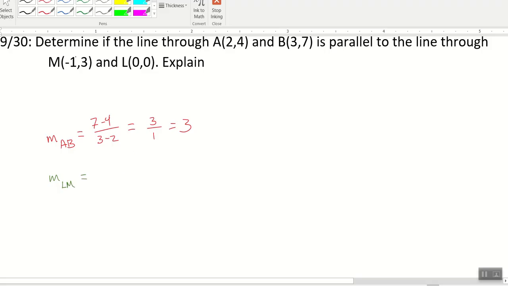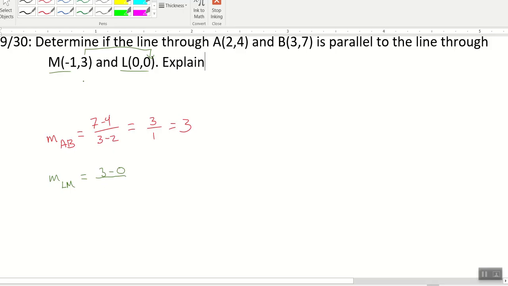Andrew, if I'm trying to find the slope of L and M, what's Y1 and Y2? What do you want me to put in the numerator? Looking at these 2 points right here. 3 and 0. So 3 minus 0, I'm cool with that. The second I commit to 3 minus 0, I did this. Vincent, what has to go in the denominator? So careful.